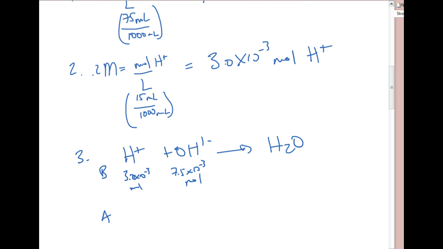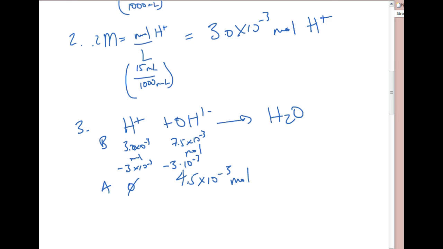Obviously we subtract the smaller of the two, so we subtract 3 times 10 to the negative third from each. It's going to consume all of the hydrogen ions, and we end up with 4.5 times 10 to the negative 3 moles of hydroxide ions left over.